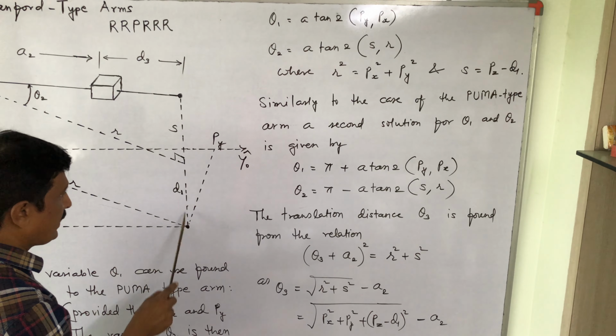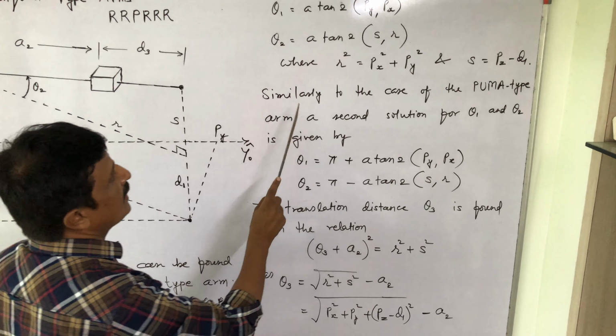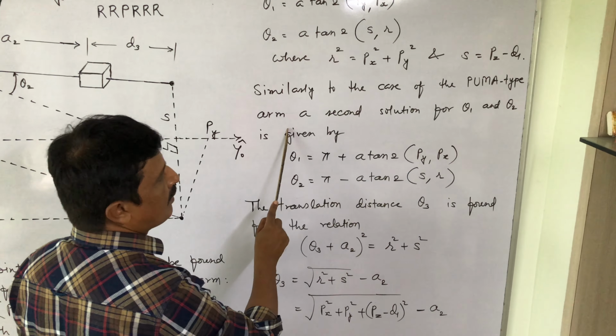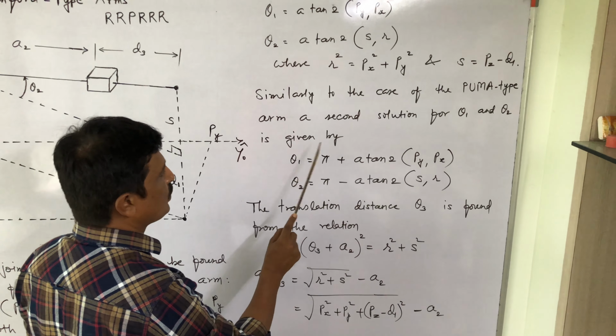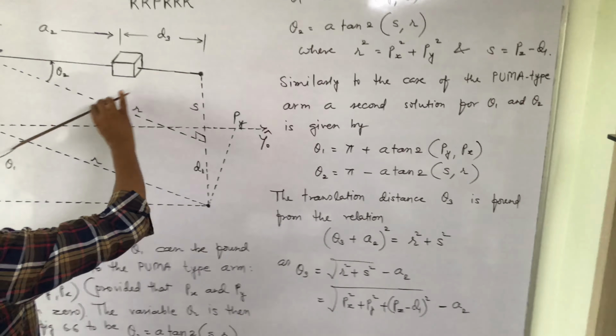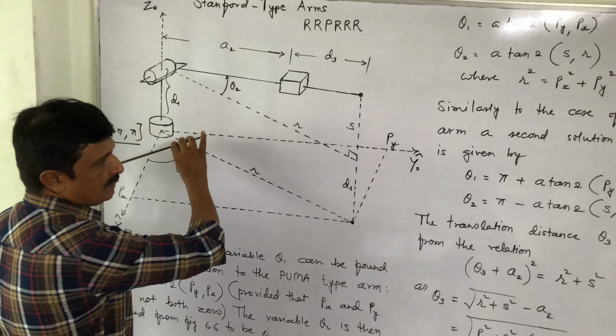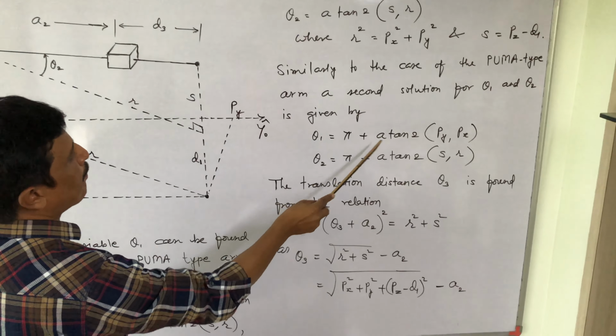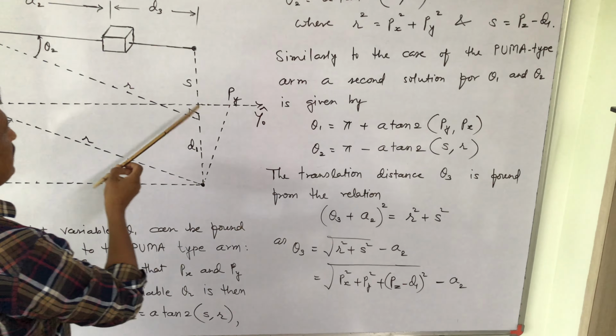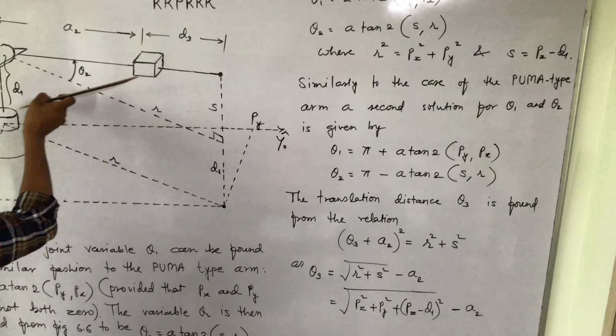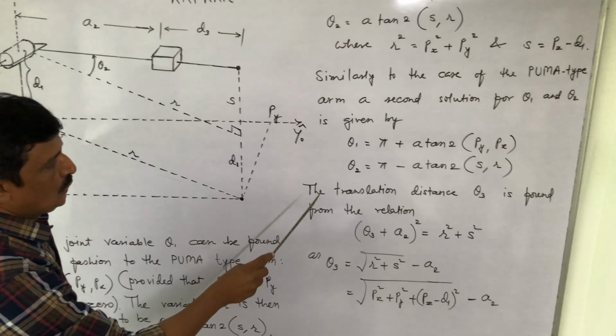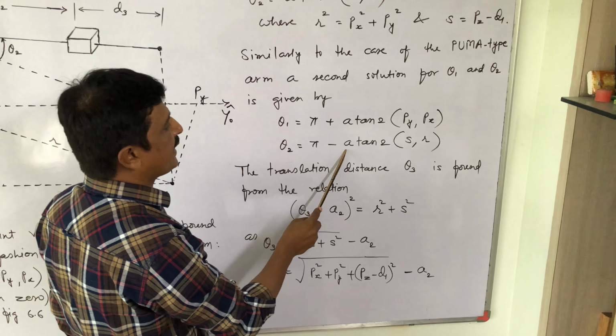Similarly to the case of the PUMA-type arm, a second solution for θ1 and θ2 is given by: if it is in the opposite quadrant, then θ1 is pi plus arc tan 2 of py, px. Here it is elevated, so in this quadrant it is downward. So θ2 is pi minus arc tan 2 of s, r.